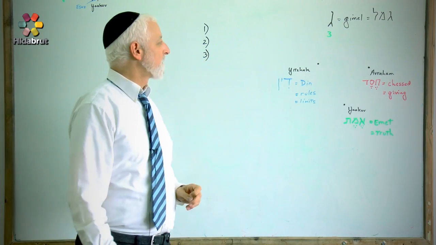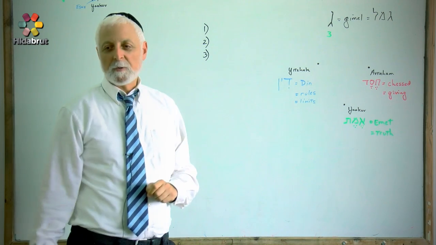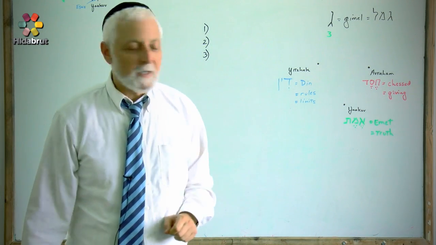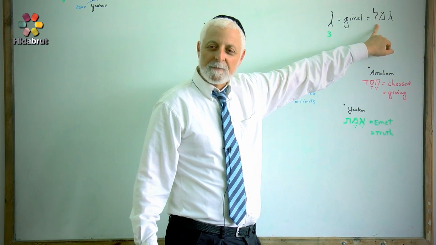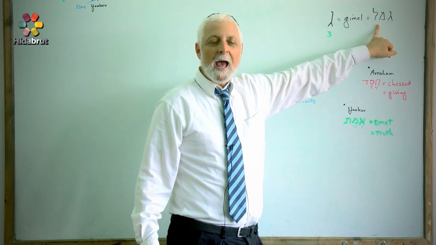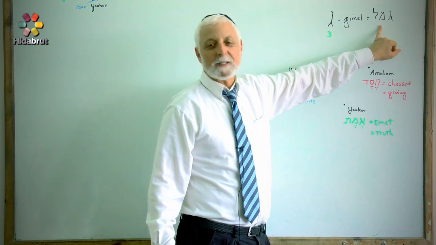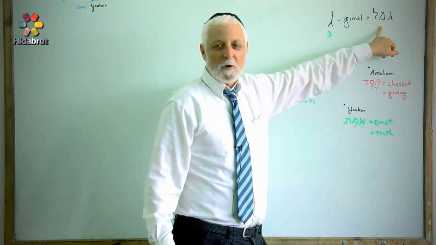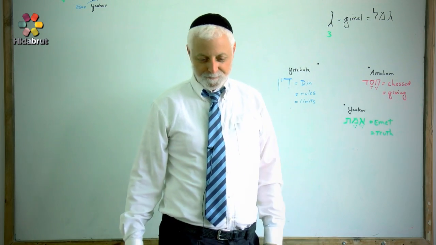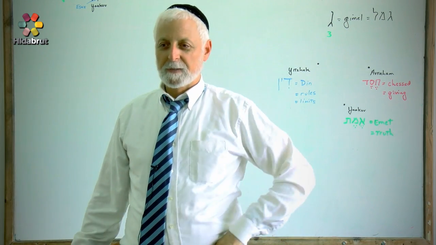So let's see if we can find hints to the glue in Gimel. The way to do it is to take the word Gimel itself, Gimel Mem Lamed, and to say, okay, how else does God use this 3-letter root in the Torah? In other words, what other words in the Torah are spelled Gimel Mem Lamed? So anybody know?